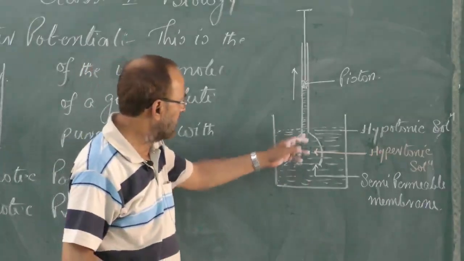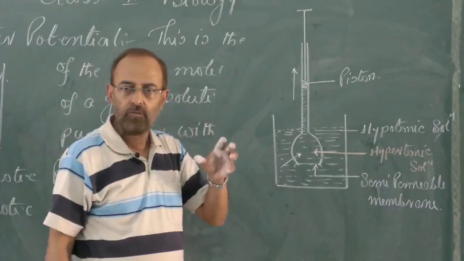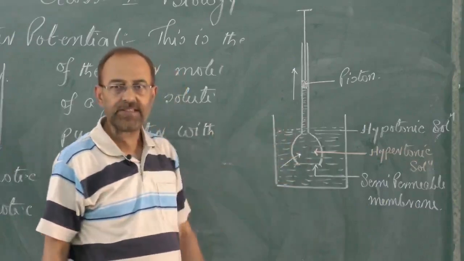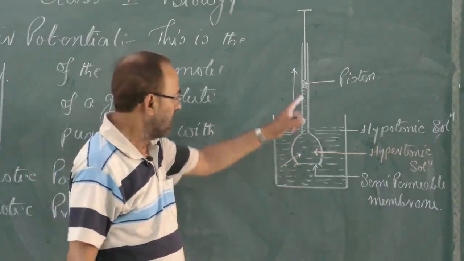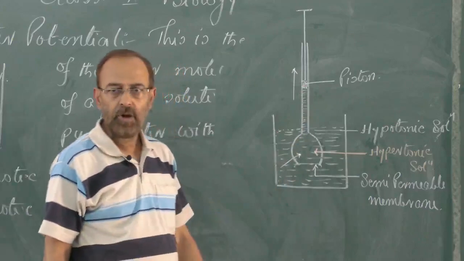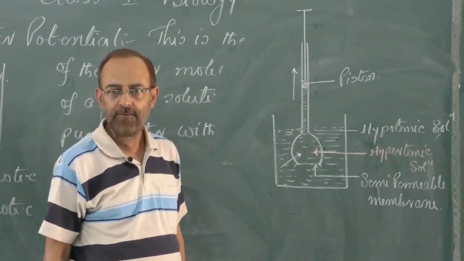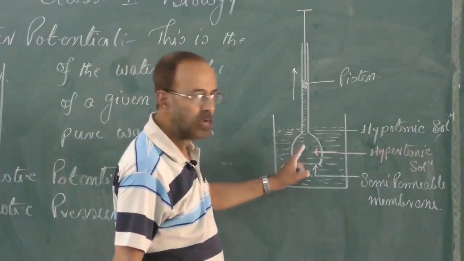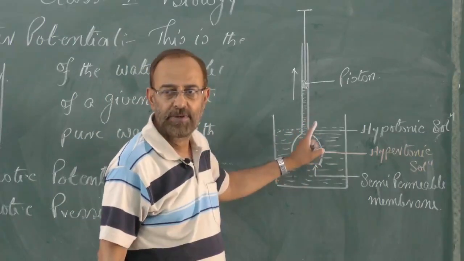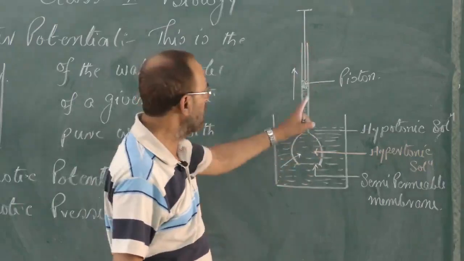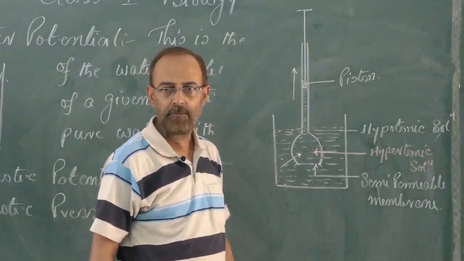When there is an increase in the volume of the content inside the thistle funnel, the column of the solution inside the thistle funnel will rise, and that will push the piston in an upward direction. Slowly this piston will move upward.